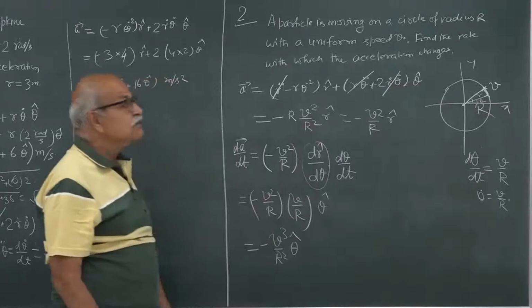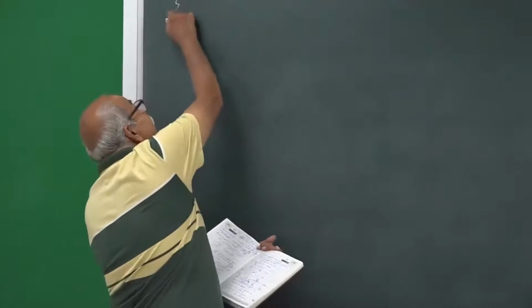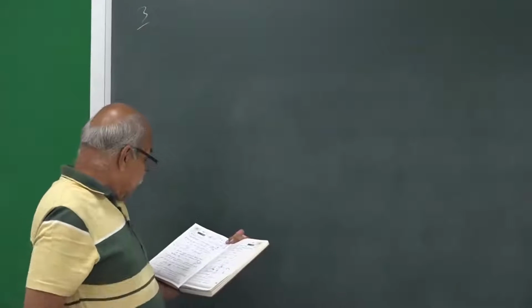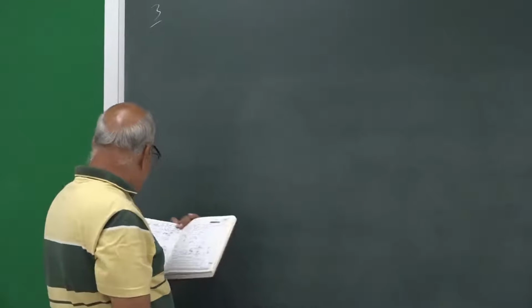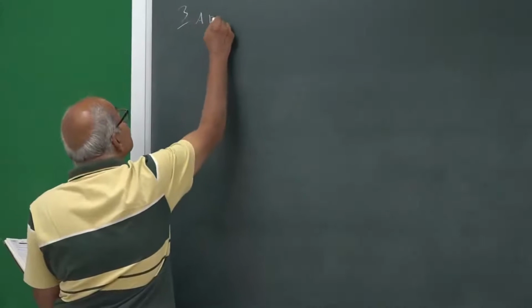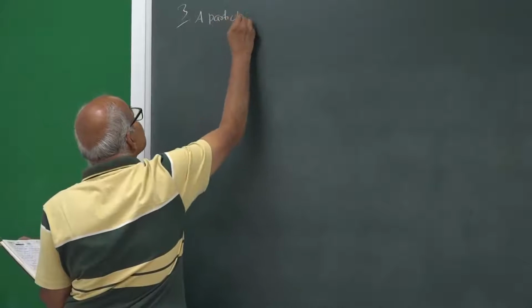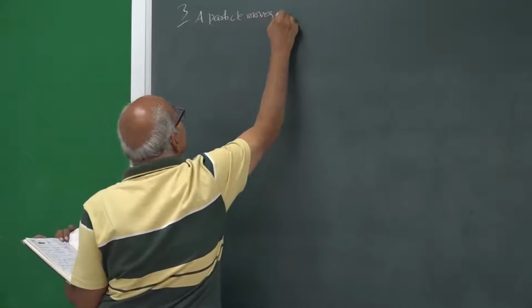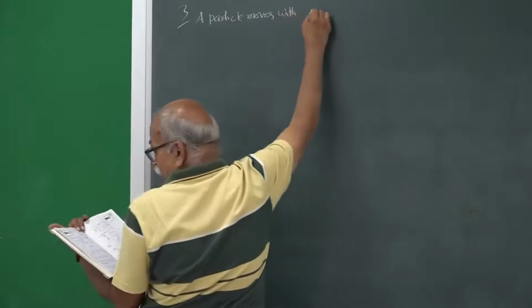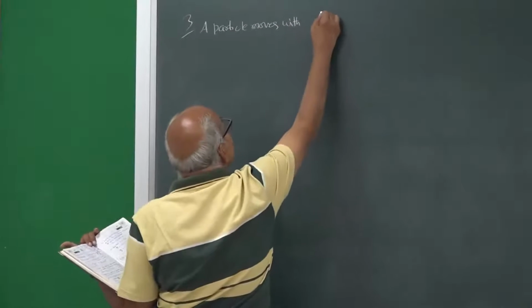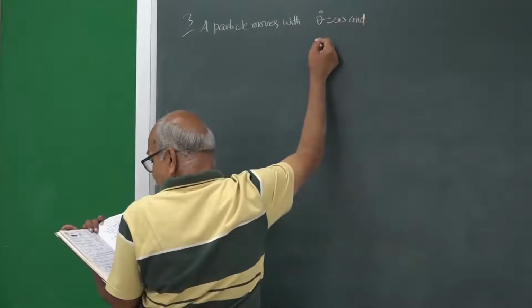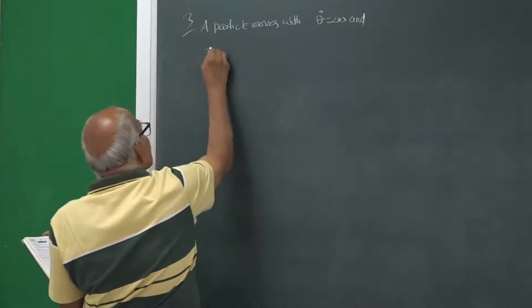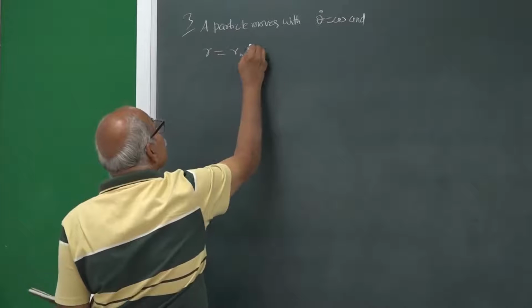This is our question number 2. Next question 3, and this is based on example 1.17. It says that a particle moves with theta dot equal to omega, which is constant, and r equal to r naught e to the power omega t.